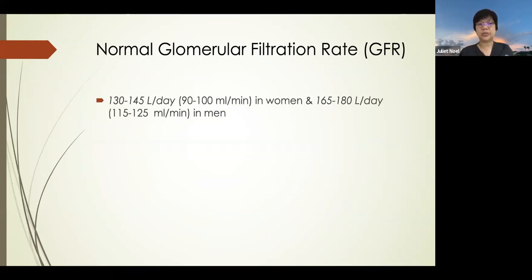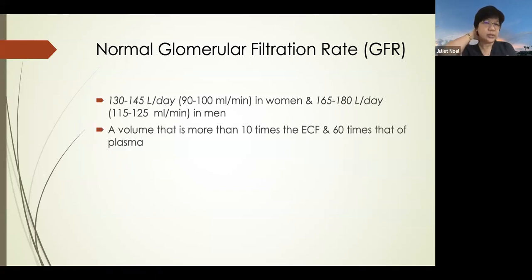So the normal GFR is about 130 to 145 liters per day in women, which is approximately 90 to 100 ml per minute, and 165 to 180 liters per day in men, or 115 to 125 ml per minute of GFR, which is more than 10 times the volume of extracellular fluid and 60 times that of plasma.